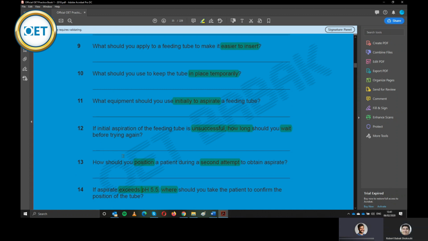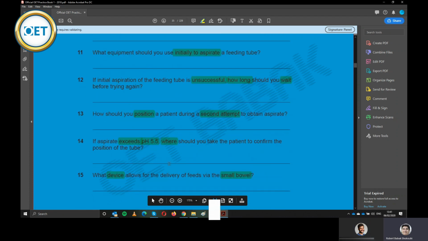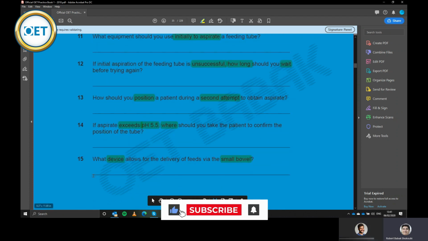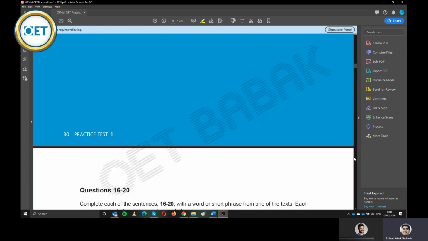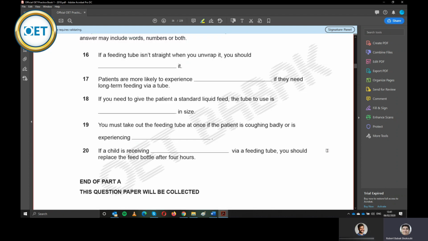Position the patient for the second attempt: turn onto left side. X-ray department. What device? Feeding pump. So basically, we had to go back 2 or 3 times, but each time we know where to go because we roughly know what is where. Now let's go to the next one.